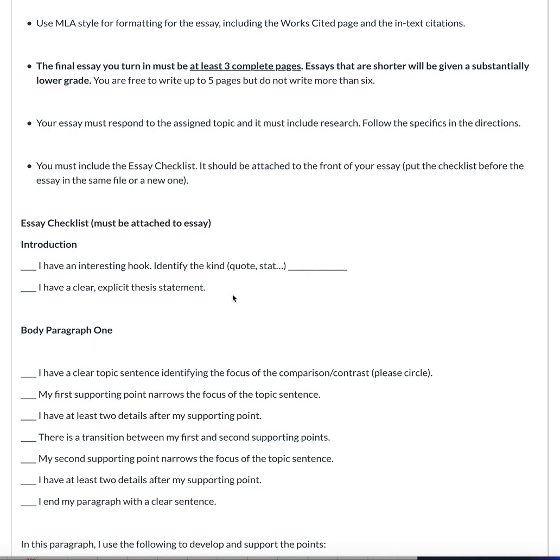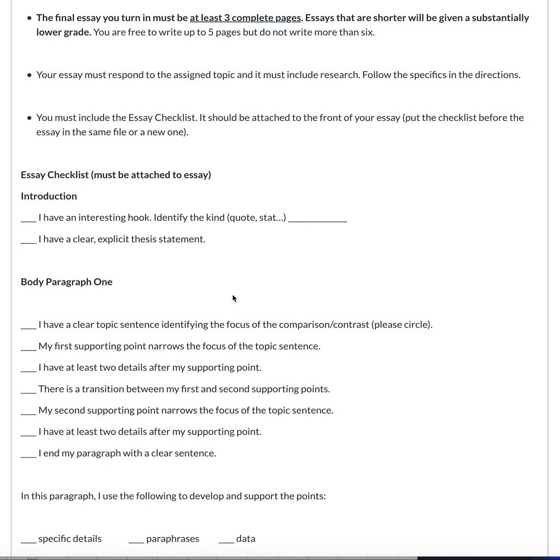I've seen people use this checklist and not actually match it up. They check the box for a clear, explicit thesis statement, and there's no clear, explicit thesis statement.